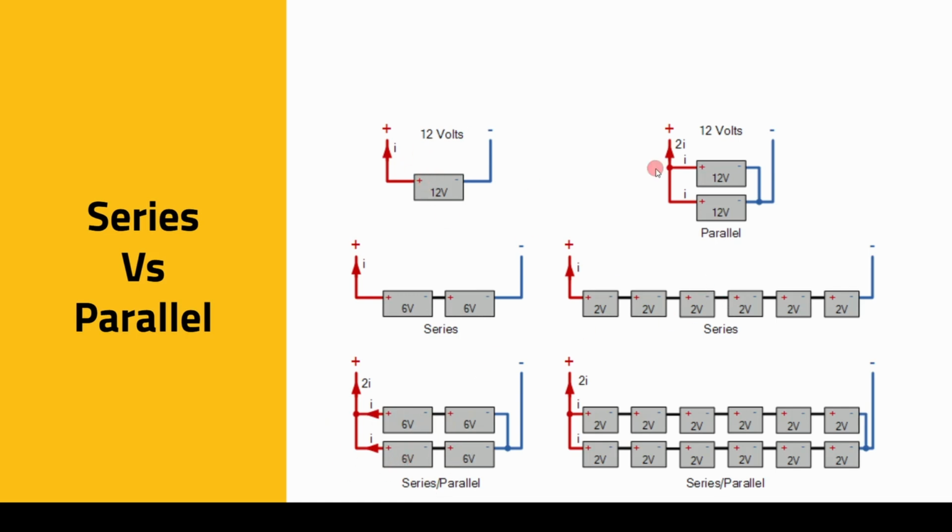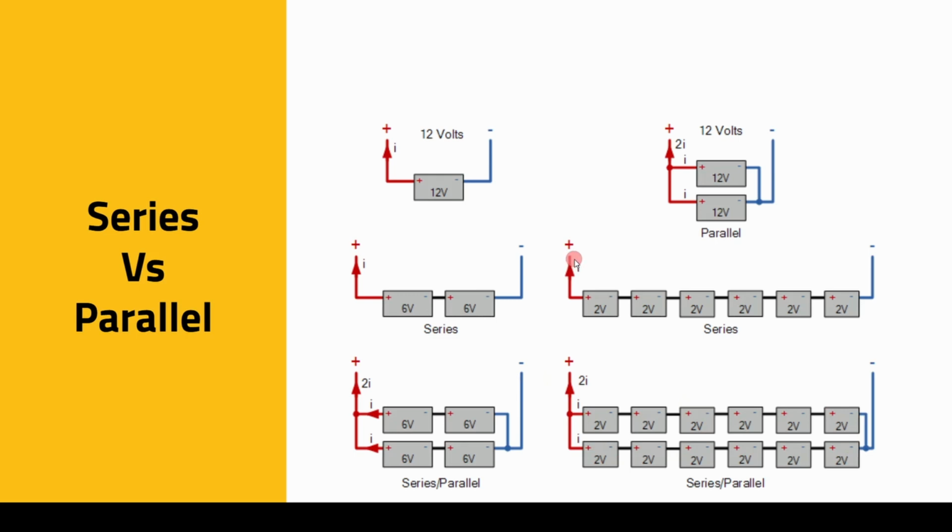If you take a normal 12 volt battery and double it up, two in parallel, you still get 12 volts, but now we have twice the current that this single battery can provide. And then you can get the same 12 volts by combining a whole bunch of 2 volt batteries in series, for example. And then you can add more of them in parallel and increase the current.